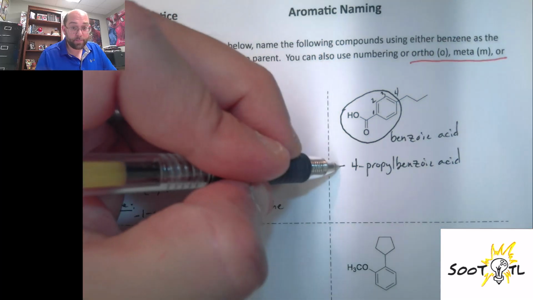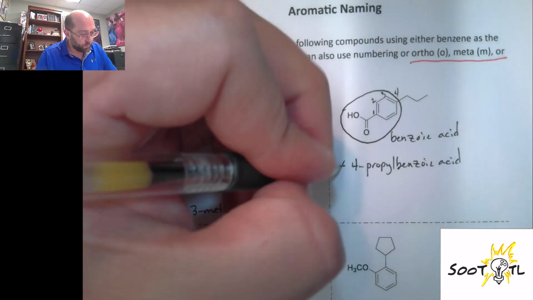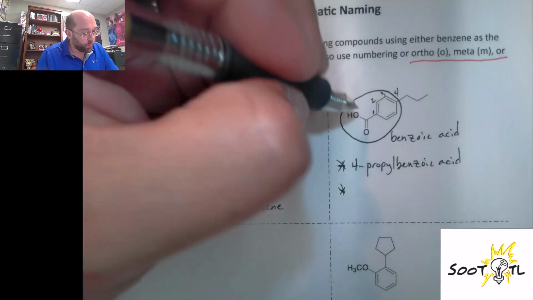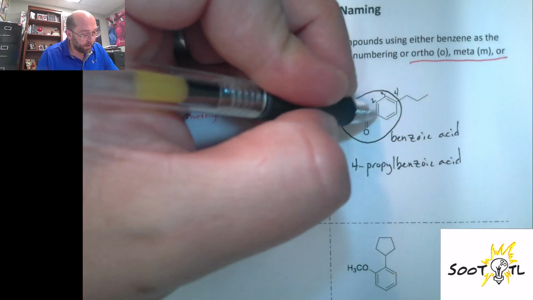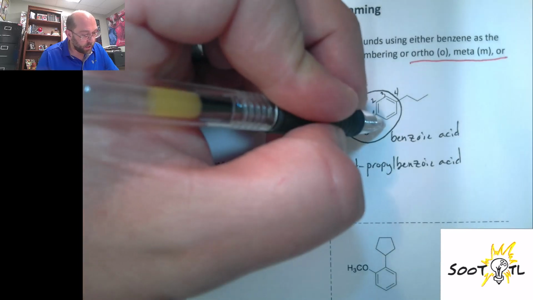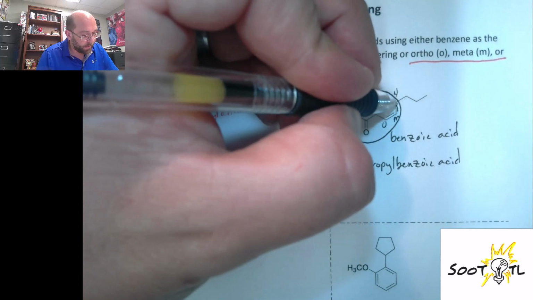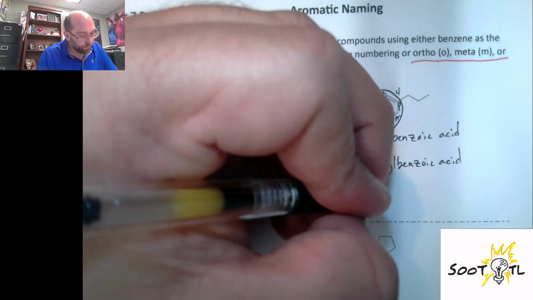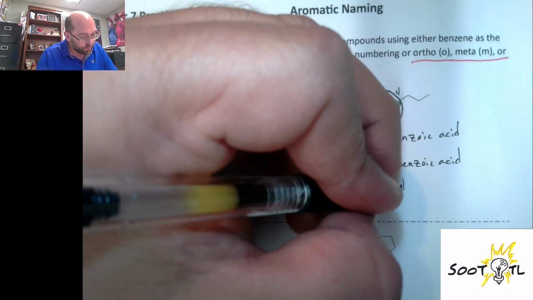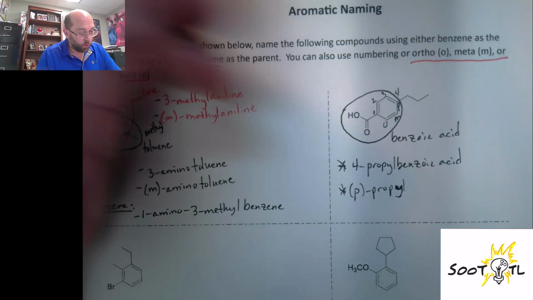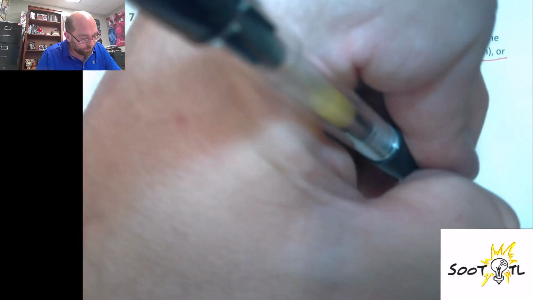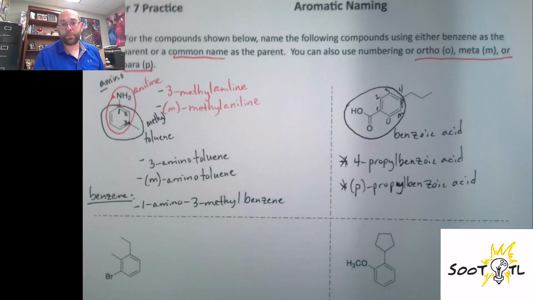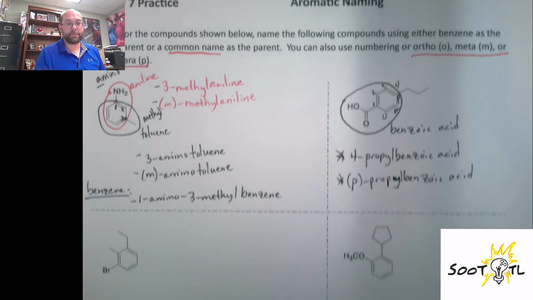Or the other way, we know that instead of numbering, we can use ortho, meta, para. So remember, if this is the parent, benzoic acid, so that means we're saying OMP, so it should be para or p-propyl benzoic acid. Okay, so those would be the 2 most applicable names for this.